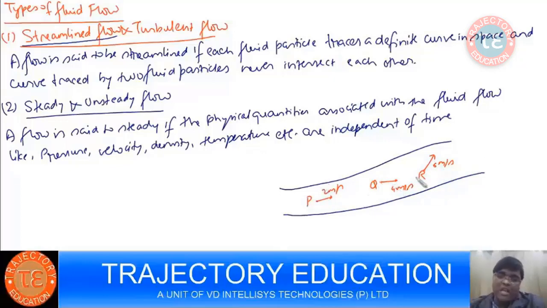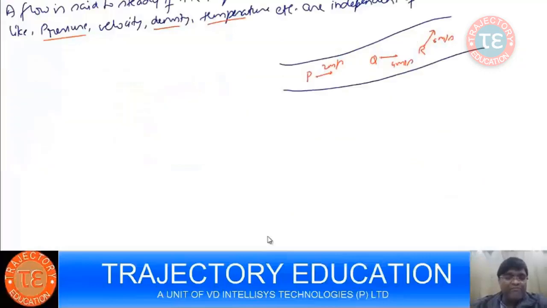So velocities can be different at different points, but they are not different in the time domain. Velocity will be space varying but not time varying. Similarly, all these physical quantities may vary from one point in space to another, but they should not vary in the time domain.